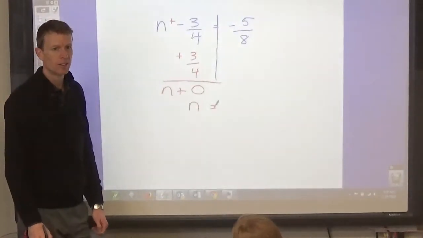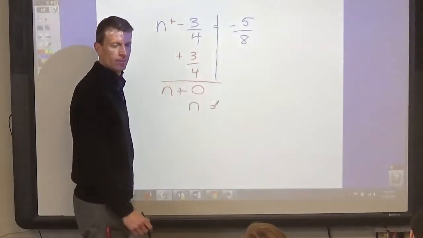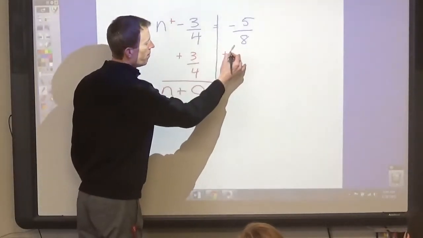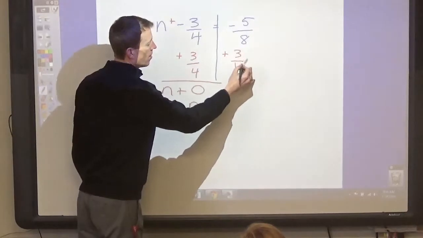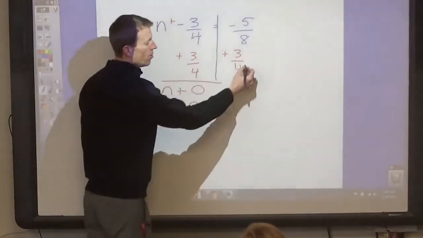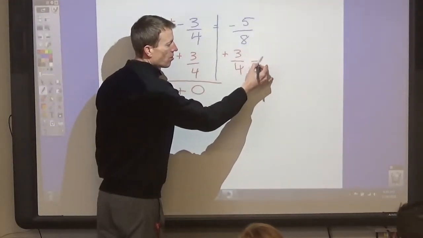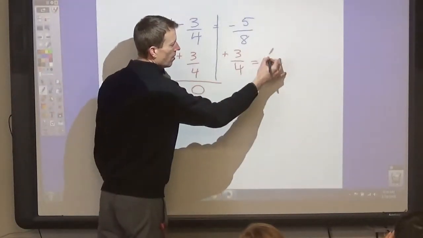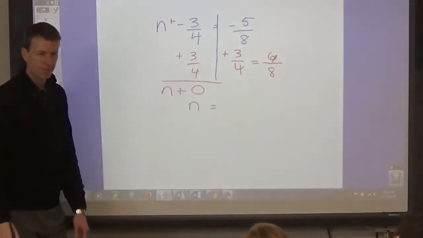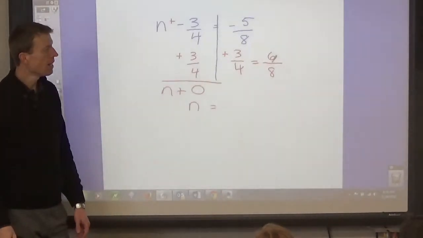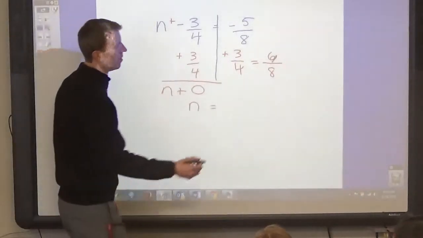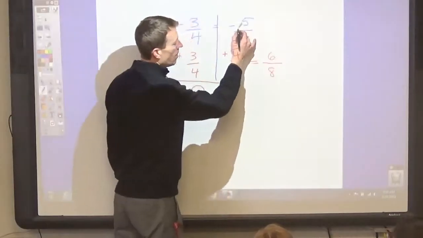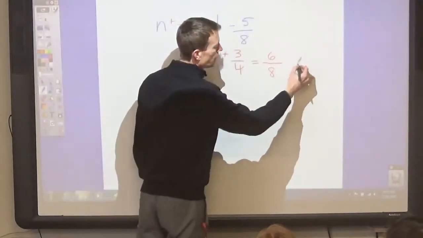Kaden? To the other side, the plus 3/4. So we do plus 3/4. But we can't use the fourth. We have to change this to what? 8s. Yep. 6/8. So now we're adding negative 5/8 plus 6/8.